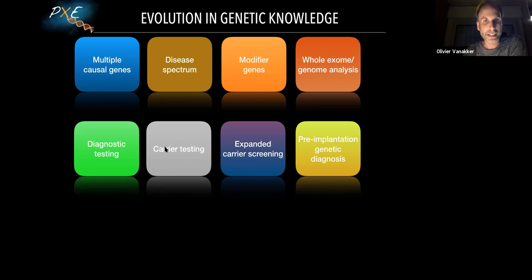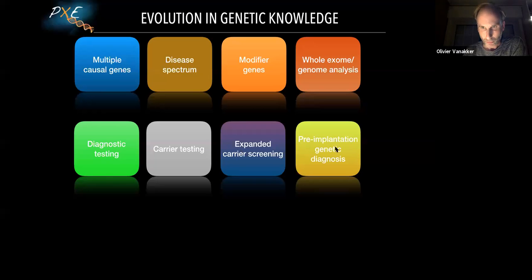We can do diagnostic testing, we can test carriers, and one novel thing is expanded carrier screening, where couples that have a child wish but are not sick and they don't have a family history can get tested for a large set of genetic disorders to see whether they carry a genetic defect for them. And for example, in many of these test kits or panels that are offered, pseudoxanthoma elasticum is one of these diseases.